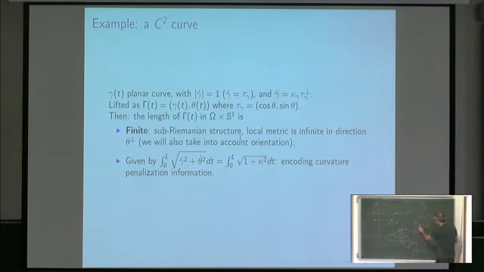So the length of this new curve is this object, and this gamma dot is what? It's small gamma dot and then theta dot, which are derivatives with respect to t. So this has length 1, and this is exactly the curvature. So the length is this expression, which is the square root of 1 plus kappa squared.